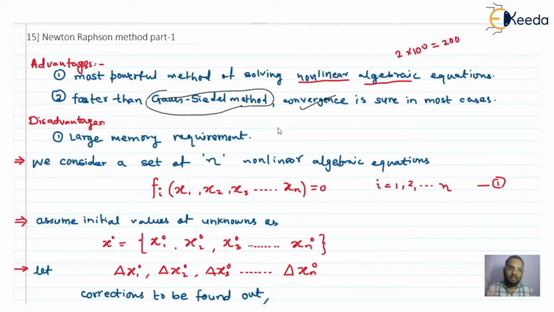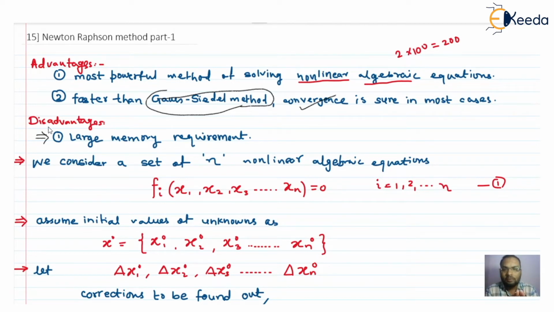Of course, as I said, everything comes with certain pluses and minuses. The disadvantage of the Newton-Raphson method is that the memory storage requirement is more. This was an issue in earlier days when we did not have the computers that we have these days.